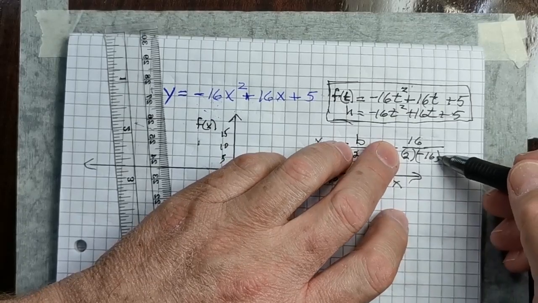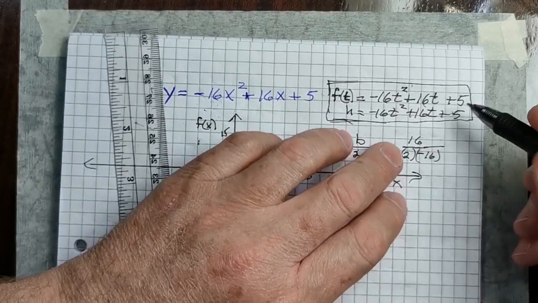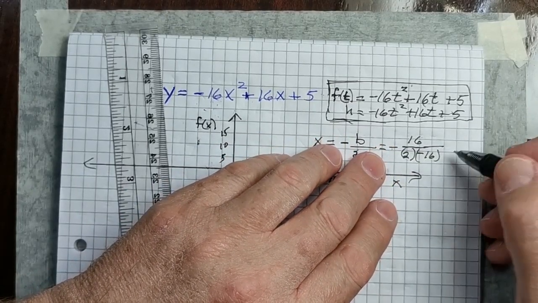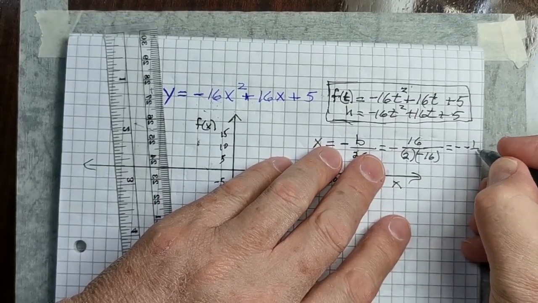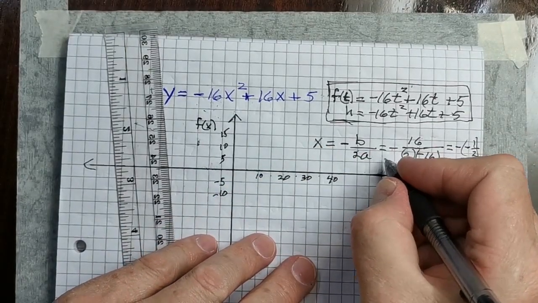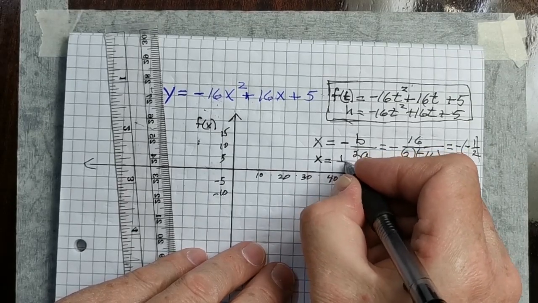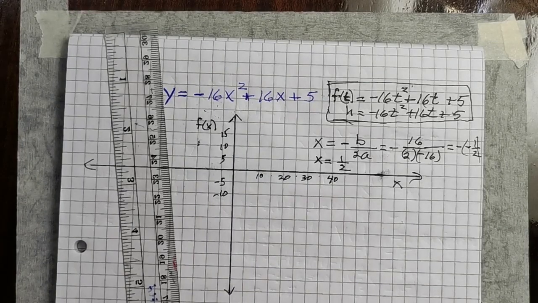But this is 2 times 16, so the 16s cancel, and I'm left with 1/2. Specifically, though, it'll be negative 1/2, but then there's a minus sign out front, so it's minus a minus 1/2. And minus a minus is plus, so here's our axis of symmetry, x equals 1/2. Maybe my choice of units wasn't so good. x equals 1/2, that's going to be hard to graph.